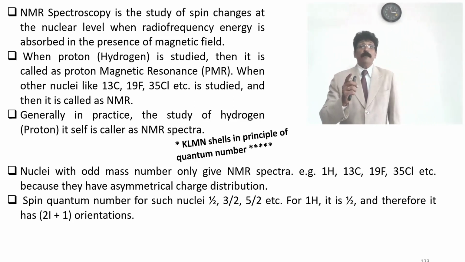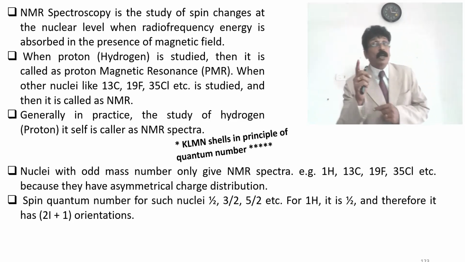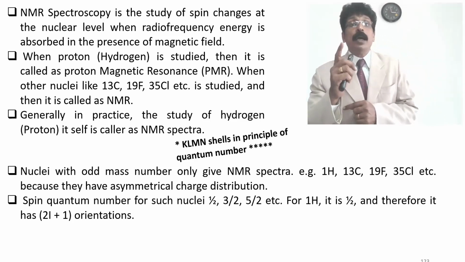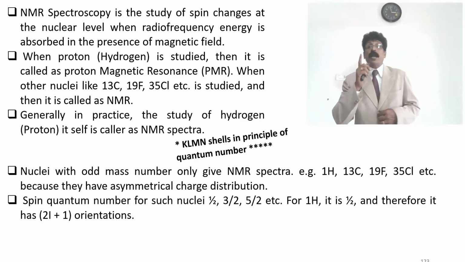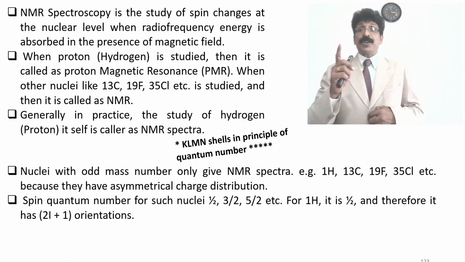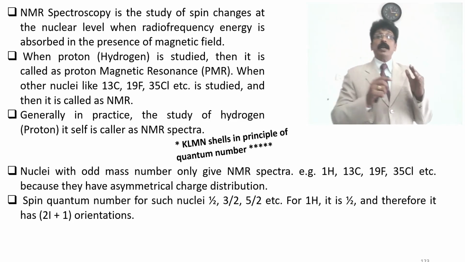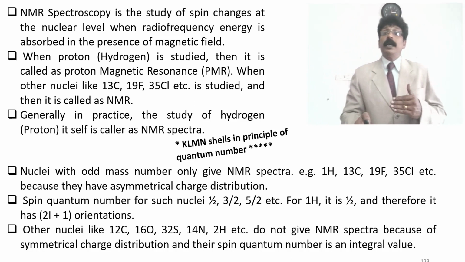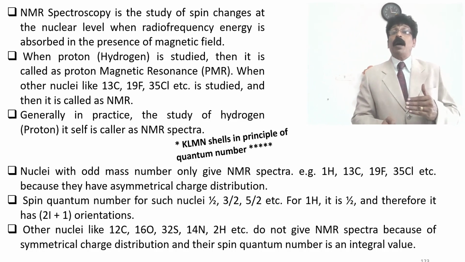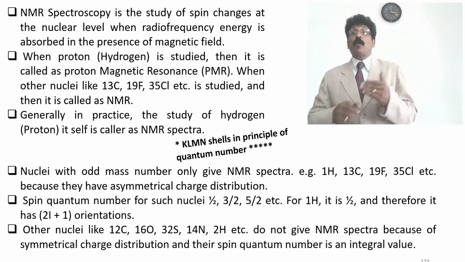Therefore, the number of orientations is 2I plus 1. Only nuclei with odd numbers or asymmetric charge distribution give an NMR spectrum, and the change in the spin quantum number can be observed.